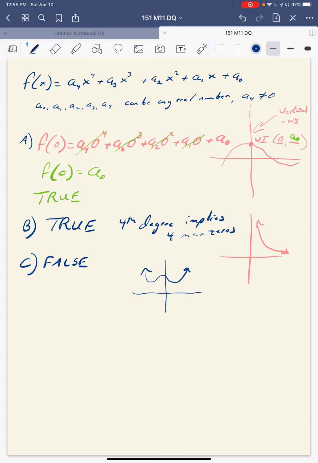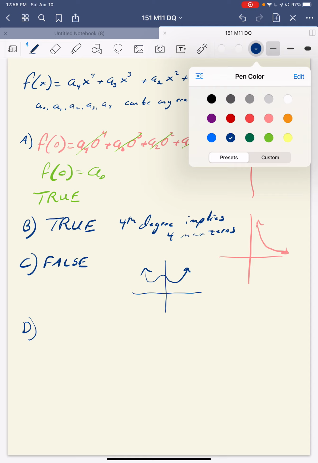All right, so now let's go to the next one. And the next one would be D. And D says, for very large input values, f of x behaves like the graph of y equals a sub 4 x to the fourth power.